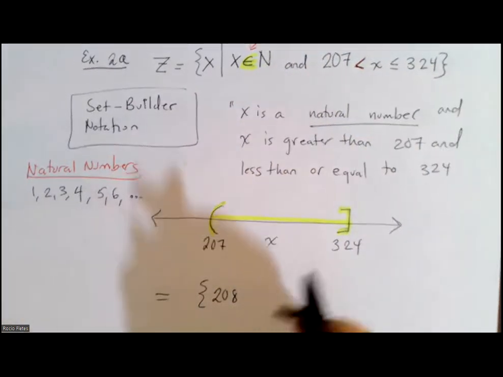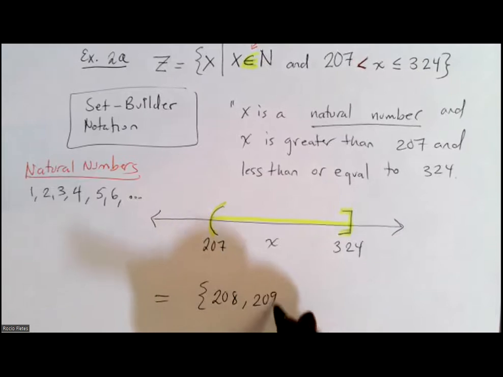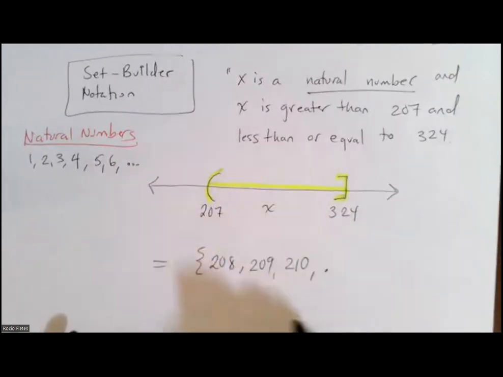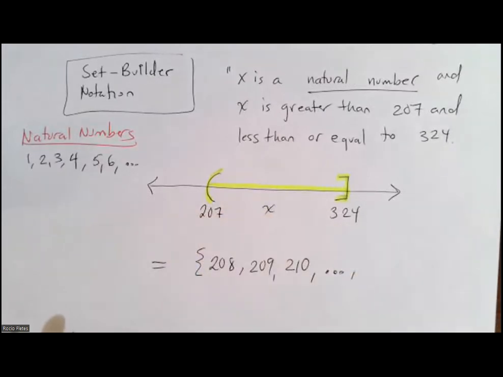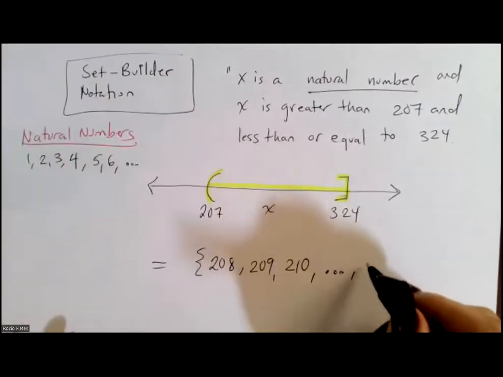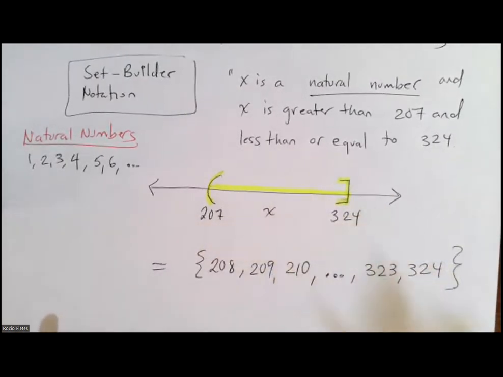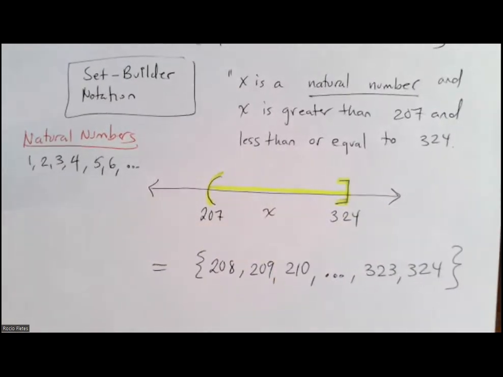So you start with 208, 209, 210, and then remember to use the 3 dots after the comma, then another comma, and list the last two: 323 and 324, and then close the set. Okay, that's in roster method.